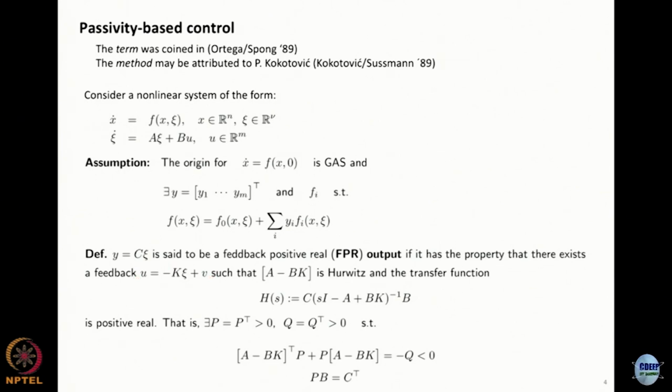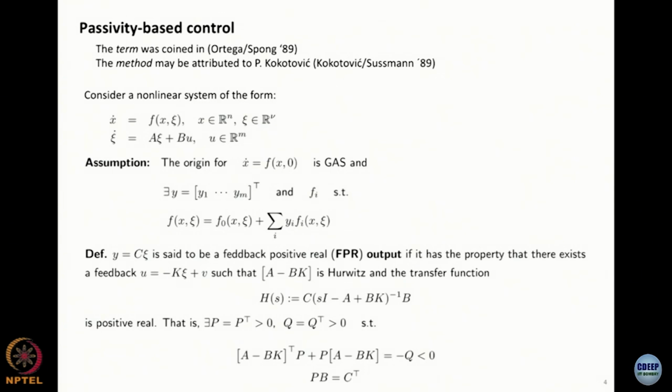Okay, so it will satisfy the Kalman-Yakubovich-Popov lemma for the closed loop system, right? So with the feedback matrix here, you take A minus BK, that should be Hurwitz, and plus the system should be of relative degree 1.